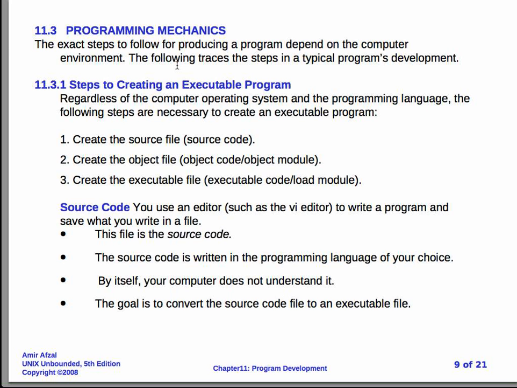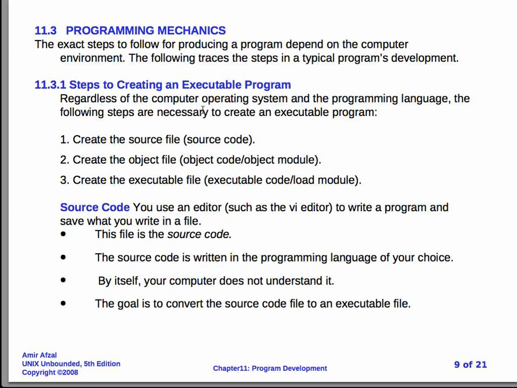You can take all of the steps that we learn for Linux and use them pretty much with no changes, as long as you have the compiler. You can do the same things on Mac OS X and on Windows too. Actually, you can download certain software that mimics Unix on a Windows machine, and you can create programs just like we would on Linux. Okay, so what are the steps?